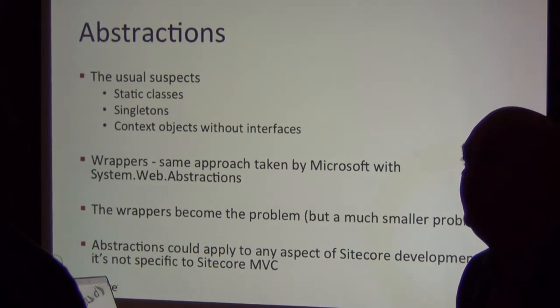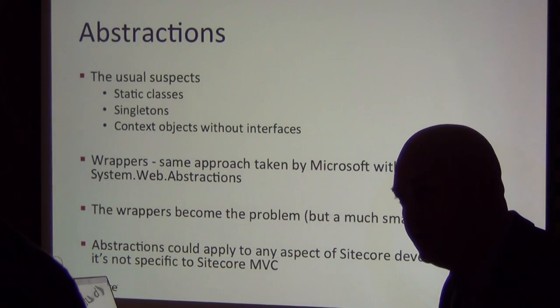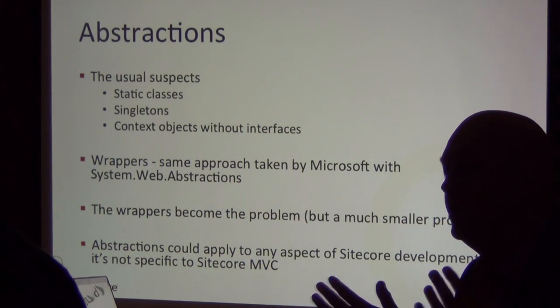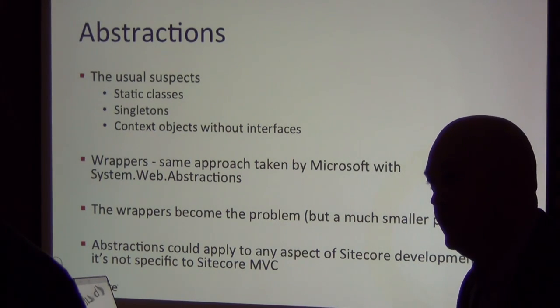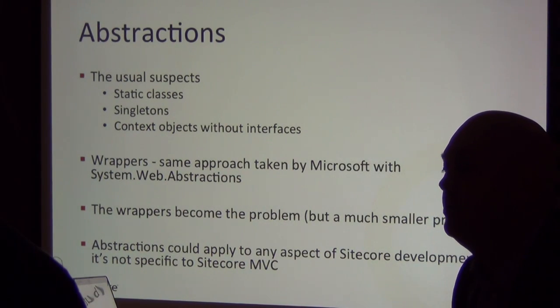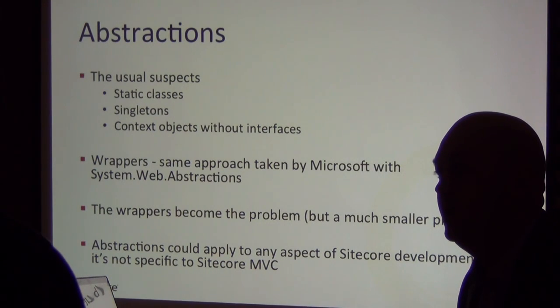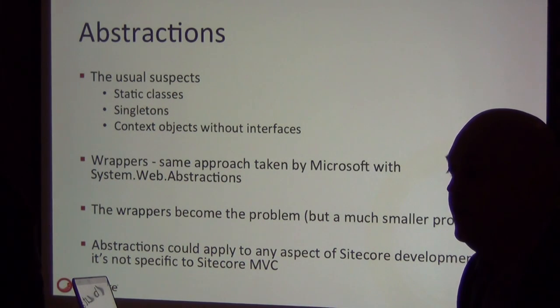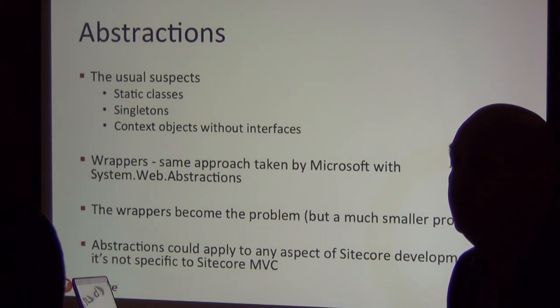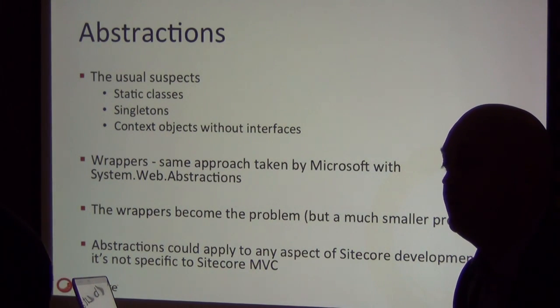The wrappers will still be a problem for testing because I'm moving a piece of code into a wrapper, and then it's the wrapper I can't test. But my shim of untestable code becomes a smaller and smaller problem. So I do think that it's a valid approach. I'll start being able to test my business logic, and again, in the ideal world, these wrappers and abstractions should be maintained by Sitecore.